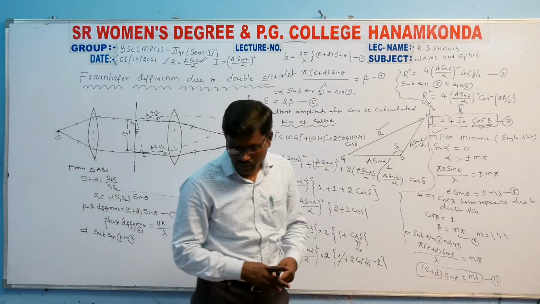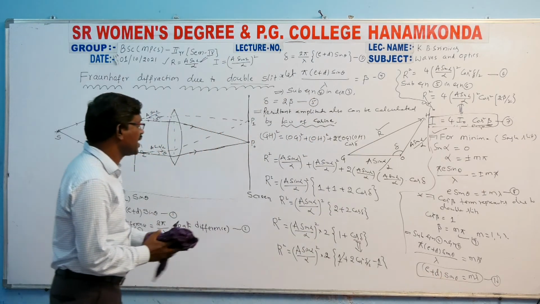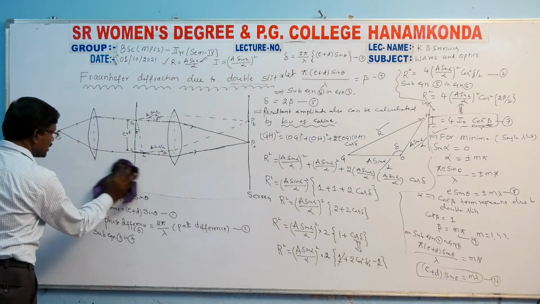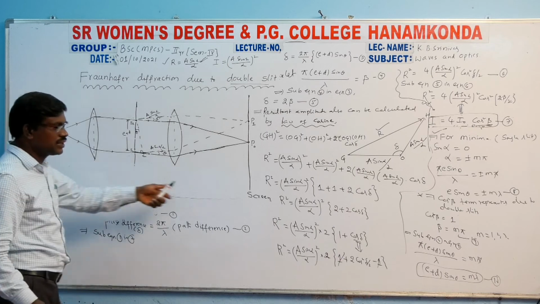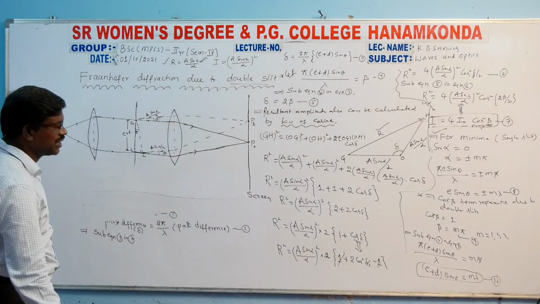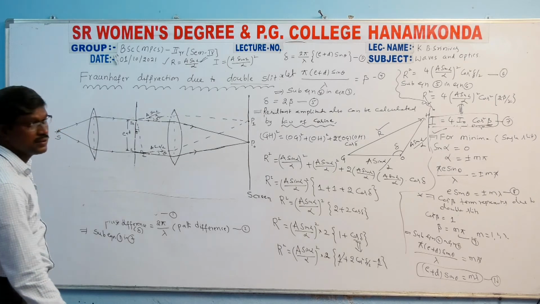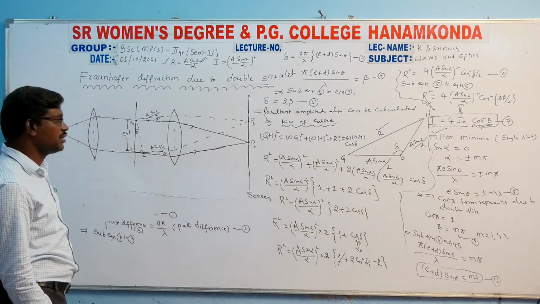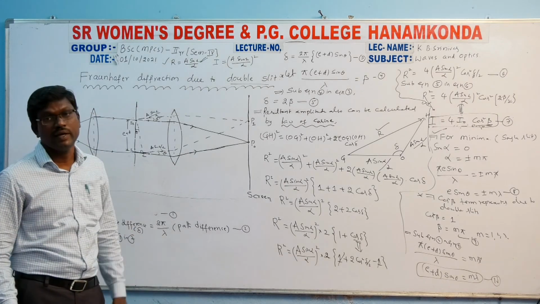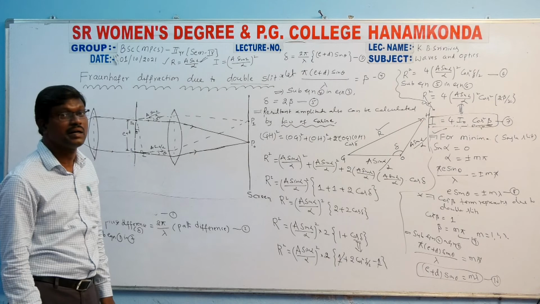So here I am going to draw the diffraction pattern on the screen due to double slit. I have derived the final expression. Just see the derivation part carefully. Equation 8 represents the single slit, and equation 10 represents the double slit.